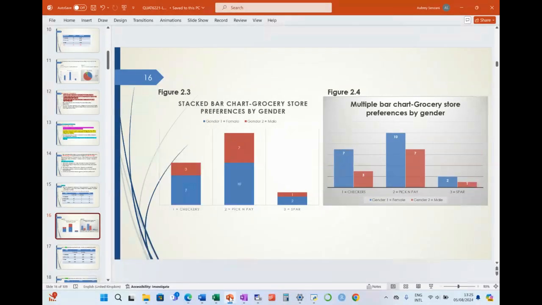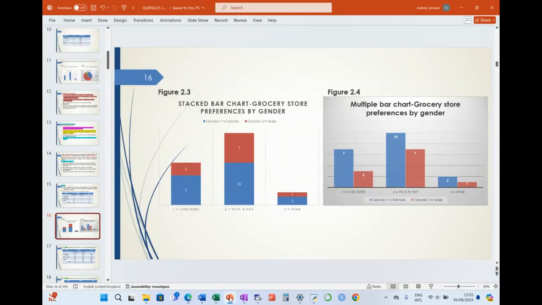So here they're showing us that we have different ways in which we can express the same data. You've got your bar chart, multi-bar chart. Here in blue we have the females, and in red we have the males. I would have assumed those colors to be the other way around, but it doesn't really matter.